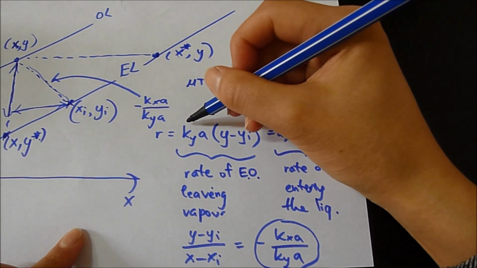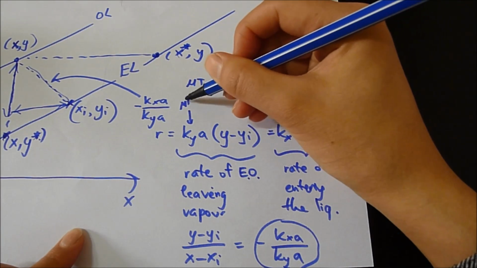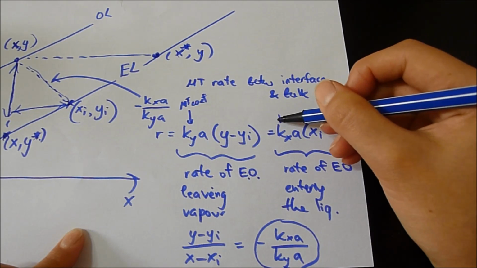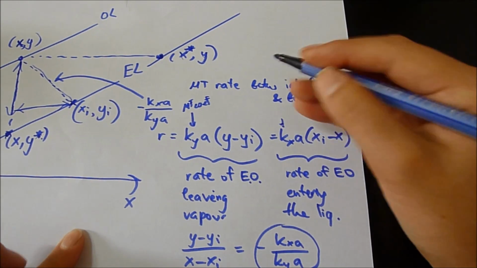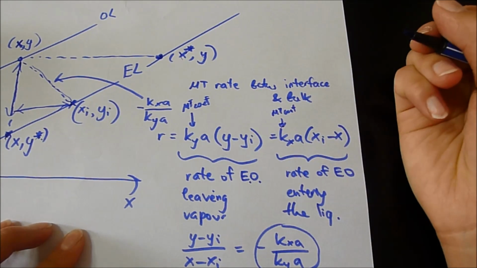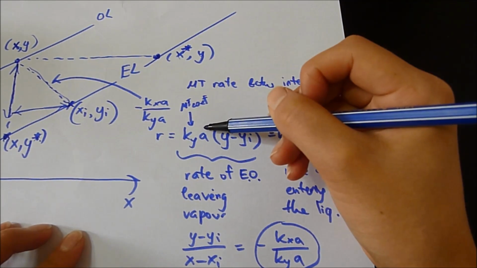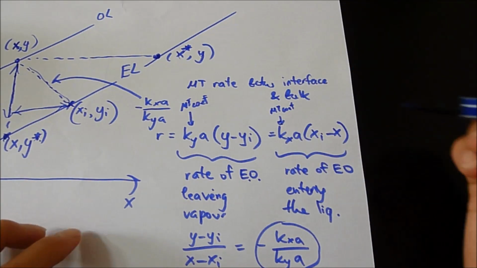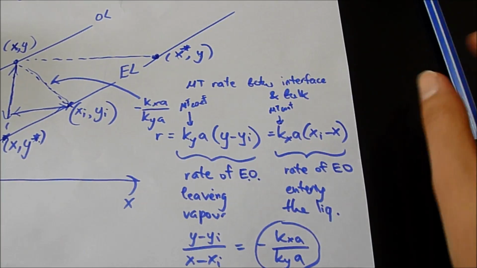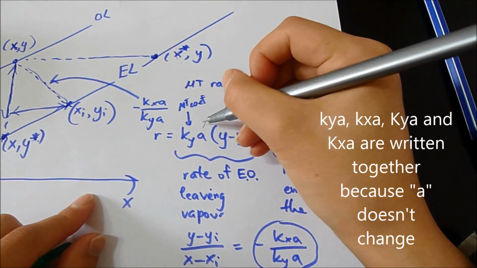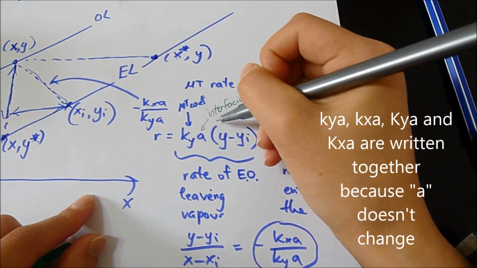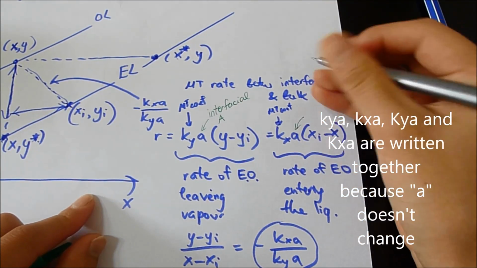So kya is the mass transfer coefficient for the vapor side, and kxa is also a mass transfer coefficient. A is the interfacial area. This is also the same.